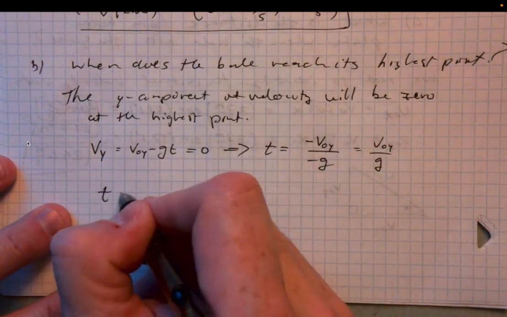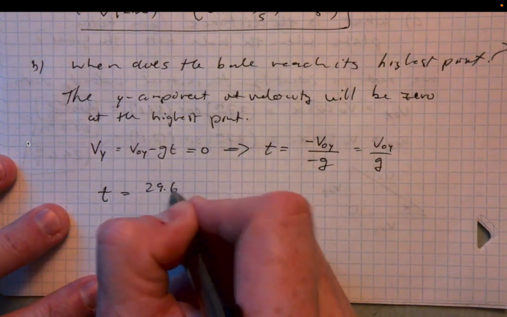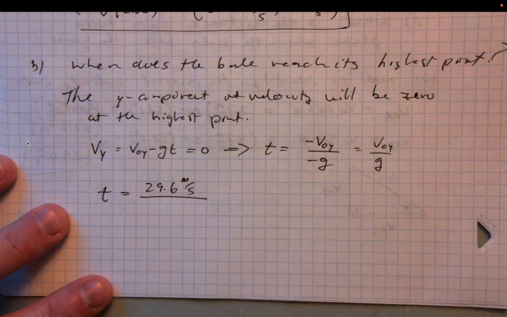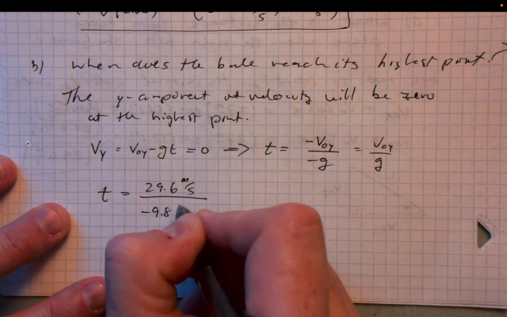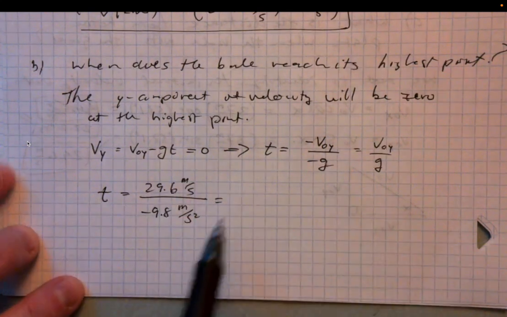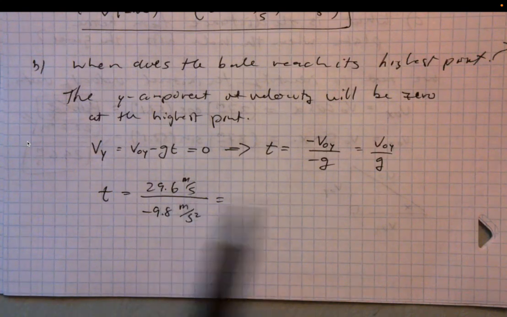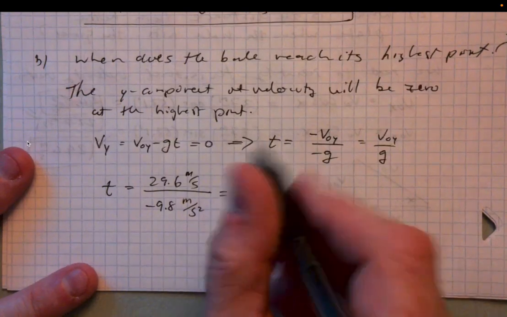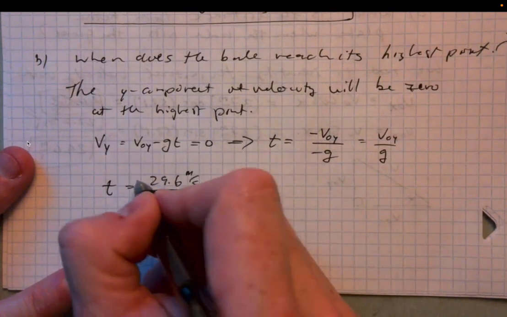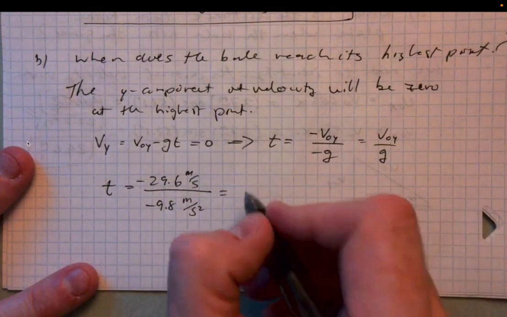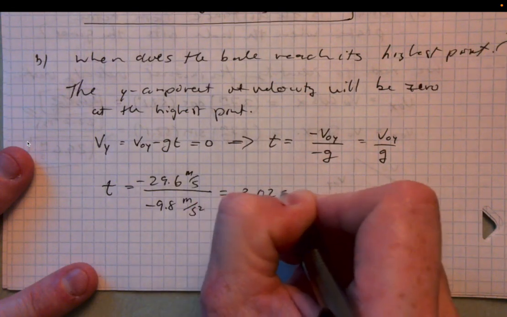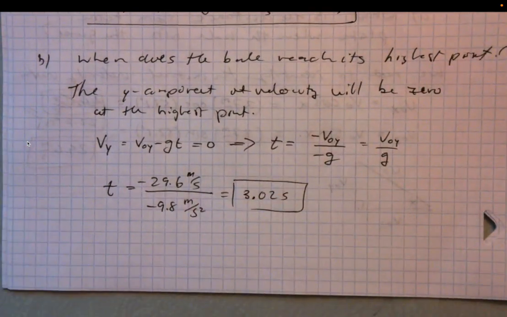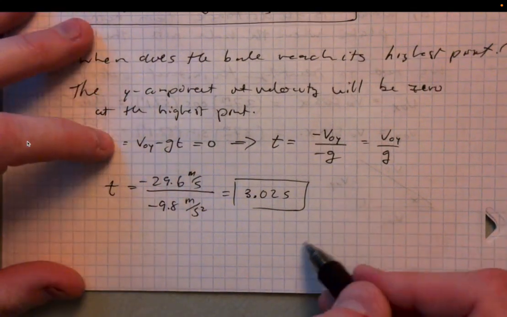So t would be equal to 29.6 meters per second divided by negative 9.8 meters per second squared. And so you can see the meters and the seconds canceling, you're left with the seconds. And if you do this math, you'll see that it is 3.02 seconds. So just a fraction over 3 seconds, 3.02 seconds, that's when the ball hits its peak. Okay.